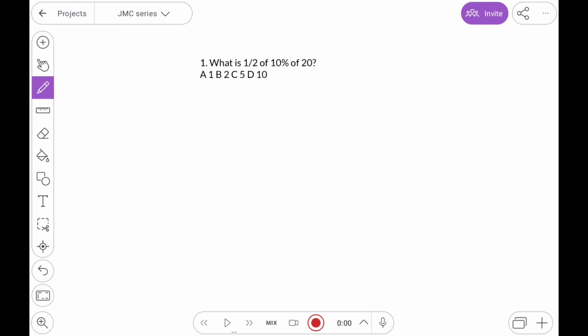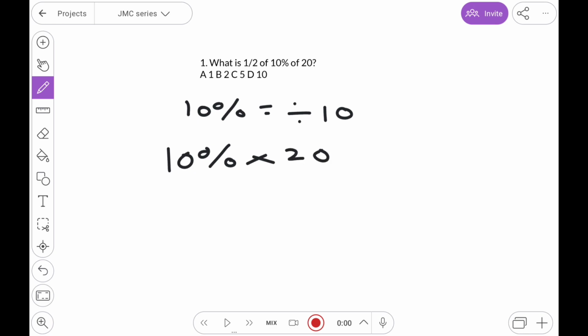Well, we can first find 10% of 20. To find 10% of any number, we need to divide it by 10. And so, 10% of 20, which is 20 divided by 10, is 2. But we need to find half of that.